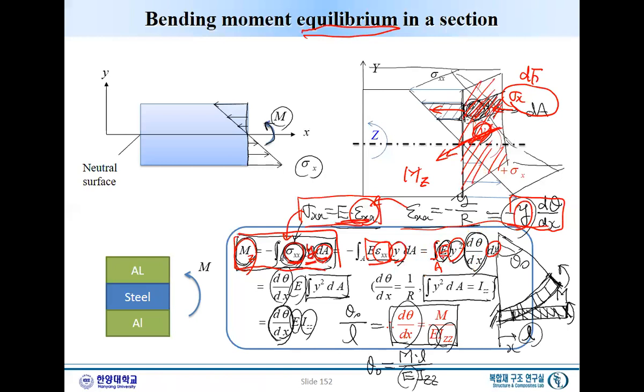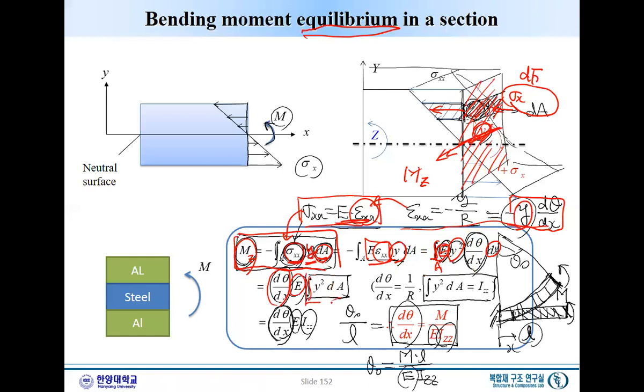When you integrate, Young's modulus is a constant over A, and d theta dx has nothing to do with the cross section, so these two terms can come out of the integral over dA.